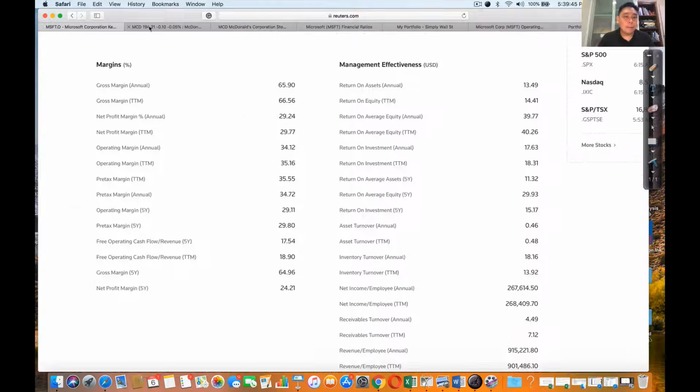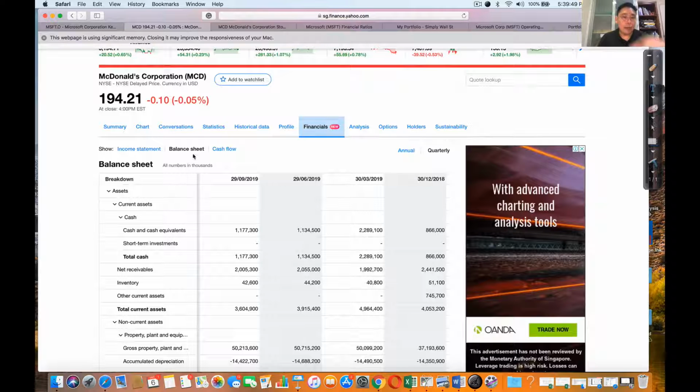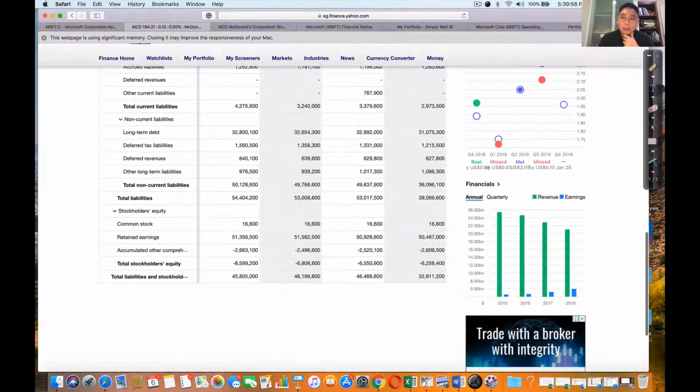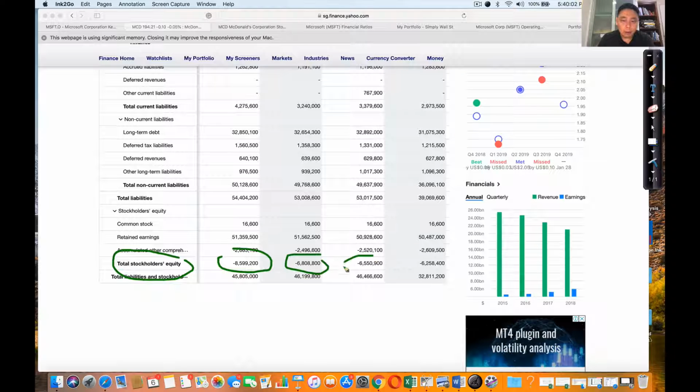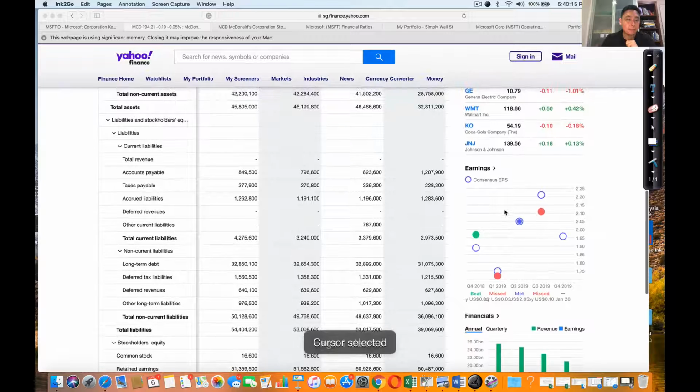Now, if you look at the balance sheet of McDonald's, you can see something really interesting. You can see that their shareholders' equity is negative. So why is it negative? Because remember, assets minus liabilities equals shareholders' equity. It's because they've got more liabilities than assets.